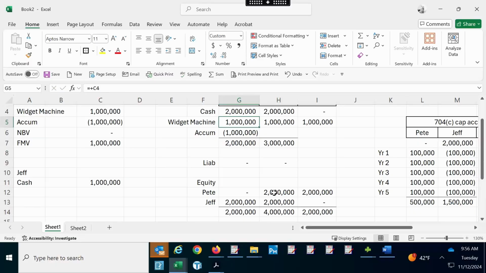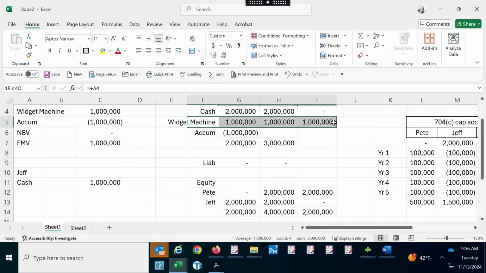No. Okay? What do you suppose we're missing to get into balance? If my machine is worth $1 million and I'm getting $2 million of equity, what do you suppose I'm missing? Goodwill. Goodwill.